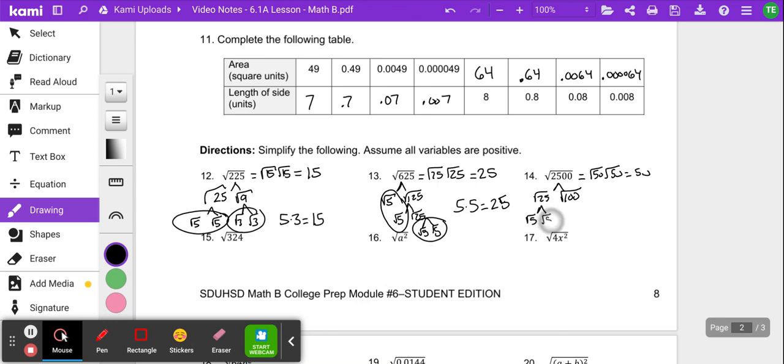That's 5 times 5. That's 5 times 20. That's 25 times 4. That's 2 times 2. So I get a pair of 5s, another pair of 5s, and a pair of 2s. 5 times 5 times 2 is 50.